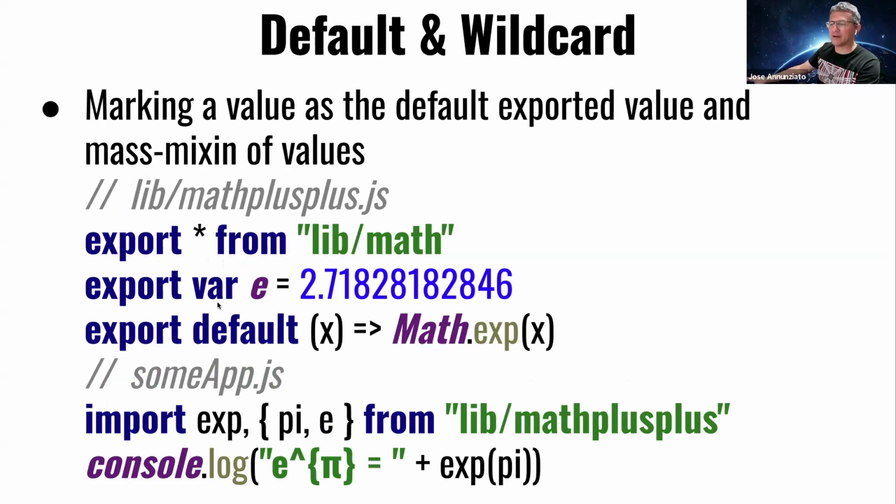And here we have a variable being declared as the E constant, right? But here's an example of declaring a default function. You can use the default keyword to declare just one item, either a function or a variable, as the default export.